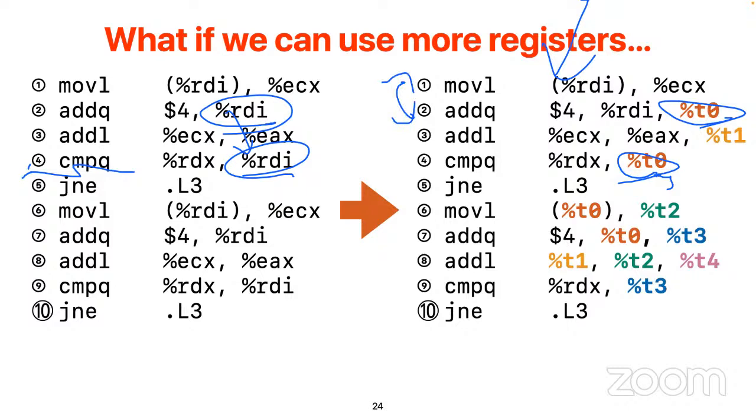However, now, because instruction 2 is putting its output to T0, even though instruction 1 is depending on RDI, it's not affected. Did you guys see that? So the key is that if I have a mechanism that allows me to temporarily store my output to other places, then I can potentially eliminate all false dependencies.